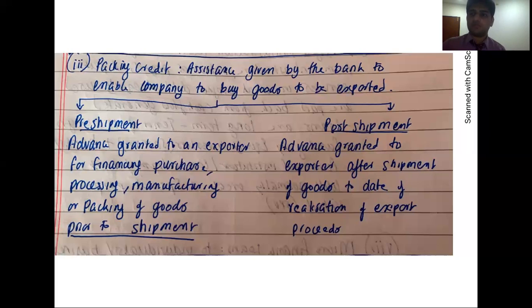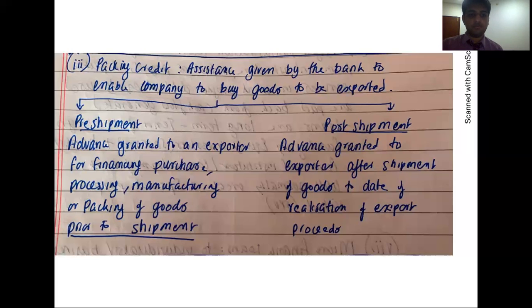This pre-shipment may be received in domestic currency or international currency, because we have to pay salary, and that salary we can pay only to the local employees in domestic currency. Similarly, we may have to purchase materials from abroad.